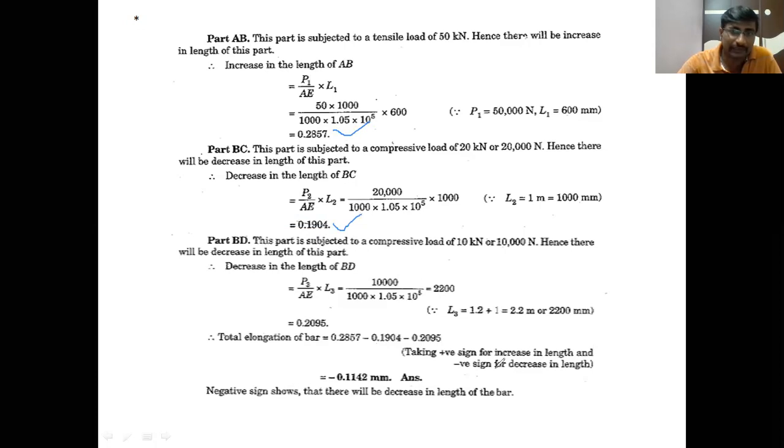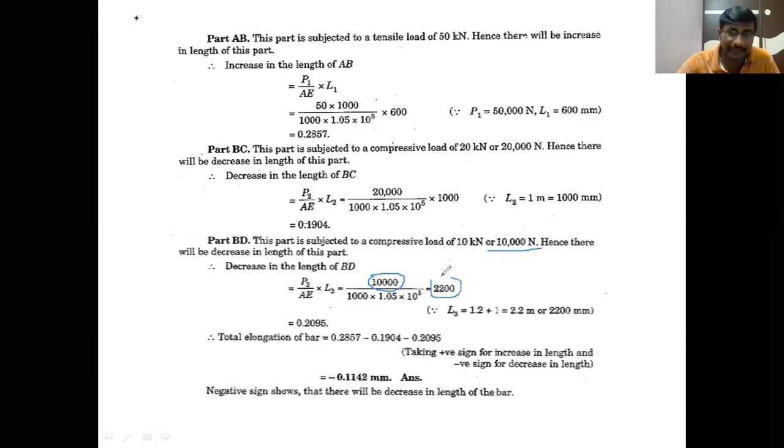Let us go for the third part, part BD. This part is subjected to a compressive load of 10 kilonewtons or 10,000 newtons, and there will be a decrease in length. This part also decreases its length. So the decrease in length of part BD is given by the same formula, PL by AE. In place of P, P3, L3 divided by AE. P3 is the load acting on the third part, 10,000 newtons.